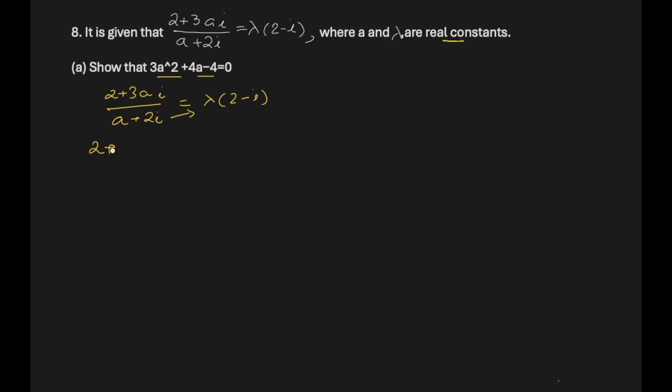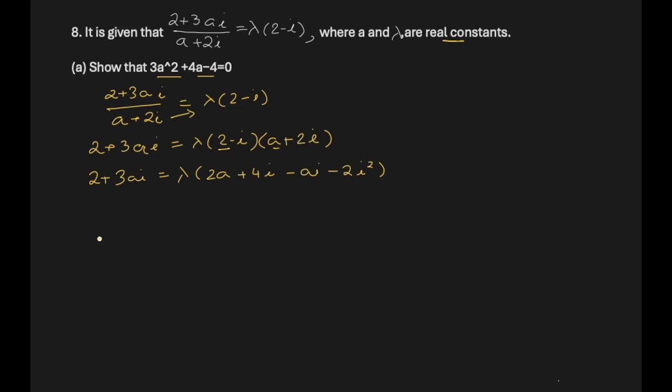So 2 + 3ai = λ(2 − i)(a + 2i). So 2 + 3ai remains the same, λ remains the same, and let's multiply this. 2 times a, 2a, 2 times 2i, minus ai, minus 2i squared.